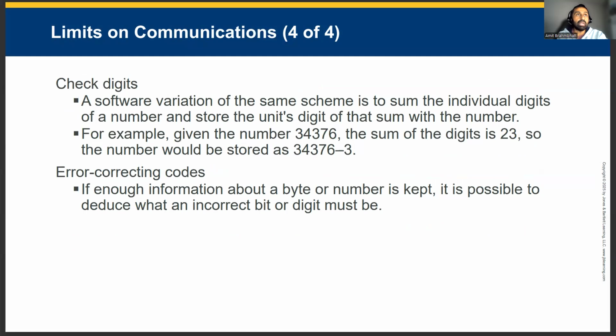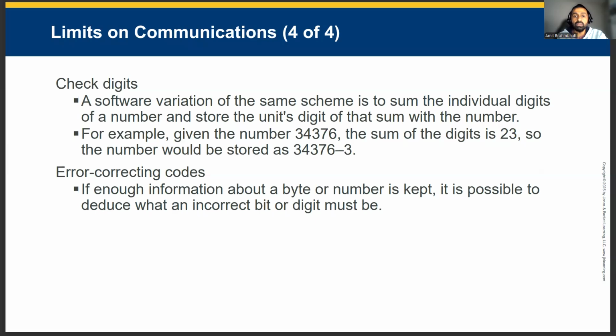Check digits and advanced codes. This is a method commonly used in identification numbers such as credit cards, ISBNs, and product codes. A check digit is calculated by summing the digits of a number and storing the final digit of that sum alongside the number.